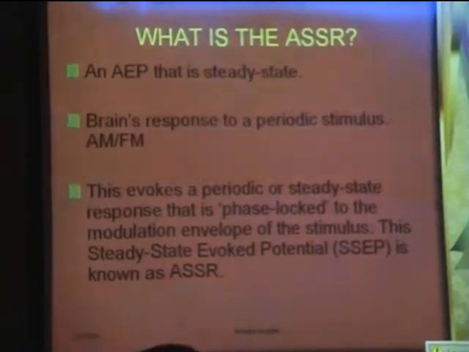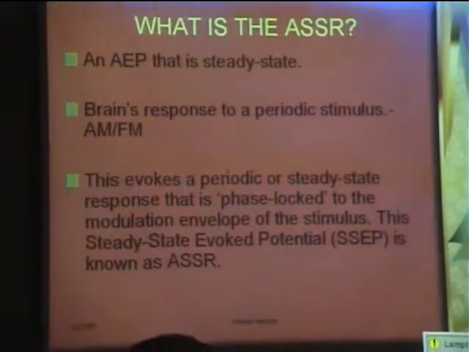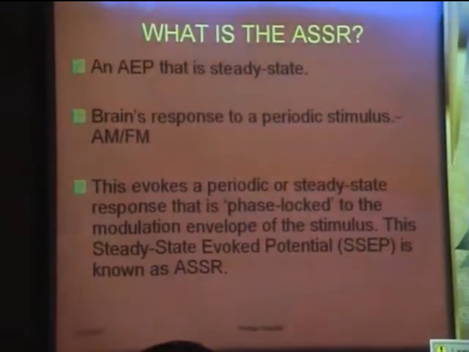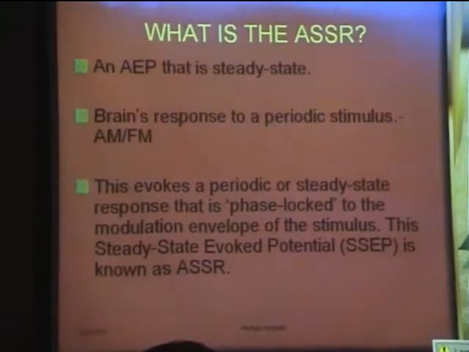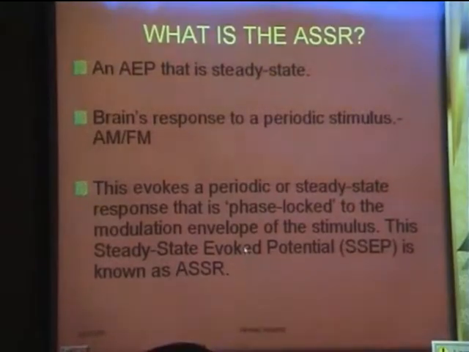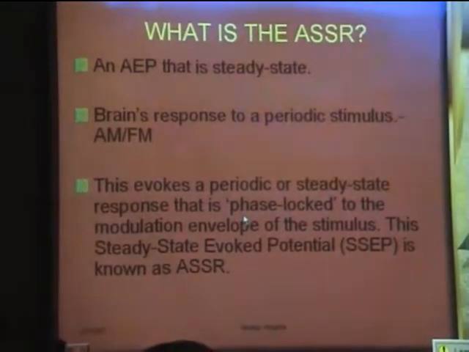What happens because of this stimulus is that there is a response from the different levels of the brainstem or the auditory nervous system which follows the stimulus pattern. So the response which we get is phase locked, or a steady state response, which means that the envelope of the response is very similar to the envelope of the stimulus.